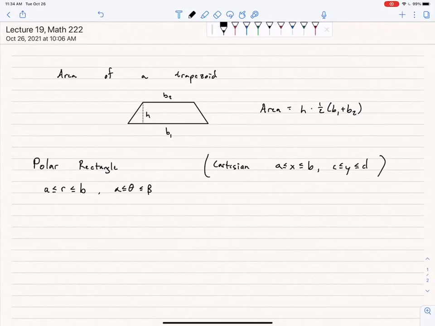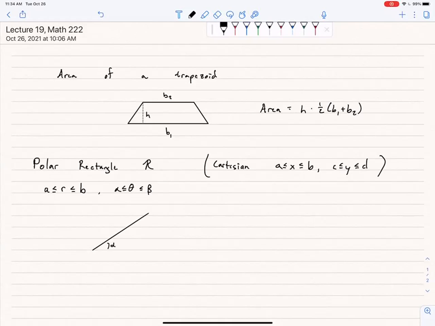So the notion of a polar rectangle, I'll call this R. What does it look like? It depends on what our values are, but one general perspective you could have is to bound theta first.